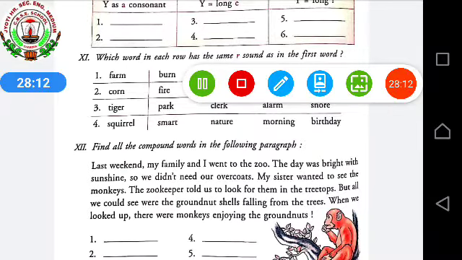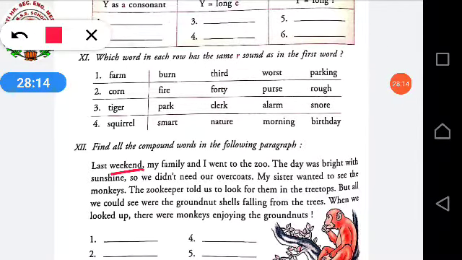So the first one is weekend. Week means one word, end means the end, they are separate. And together it becomes weekend. The end of the week is known as weekend. In the same way, in the second line, sunshine. Sun means the normal sun and shine means brightness. Both together make the shining of the sun, sunshine.